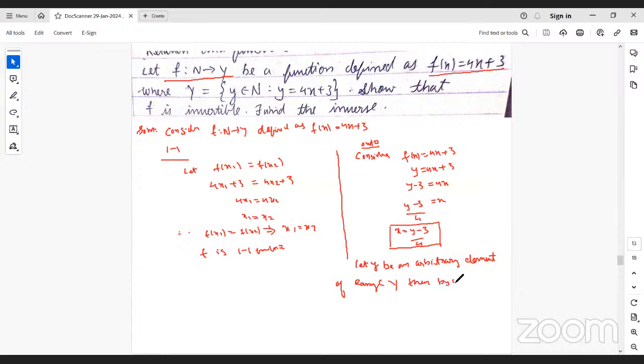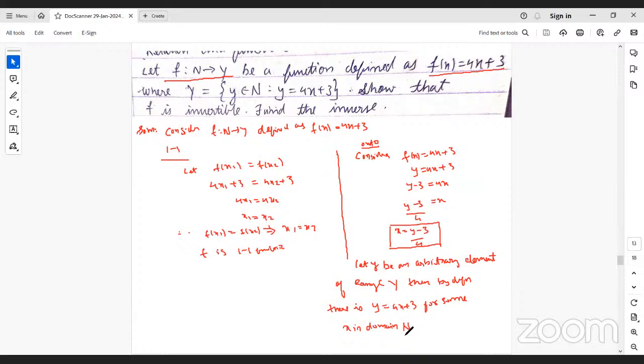Then by definition, there is y equal to 4x plus 3 for some x in the domain set n.